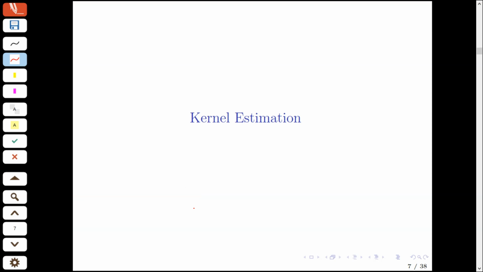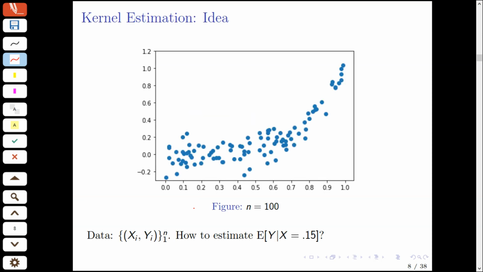Alright, so starting out with kernel estimation. Let's look at a couple of graphs to fix ideas. Here I've simulated data on a scalar x as well as a scalar y, and I've drawn 100 data points and scattered them in this picture.